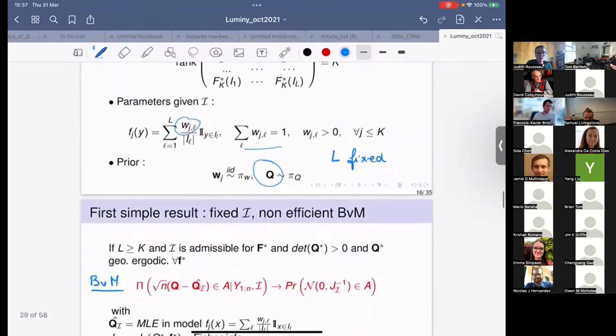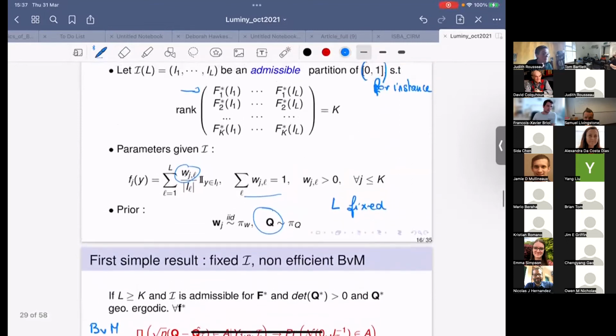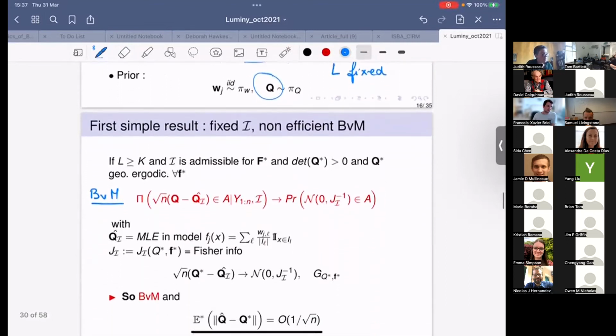But more surprisingly, with this very simple basic prior, you can prove that for estimating Q it's very well behaved, because you have a Bernstein-von Mises result, which says that the posterior distribution associated to this prior, for a fixed partition with a fixed number of bins, as soon as it's admissible, is centered at the MLE in this model.